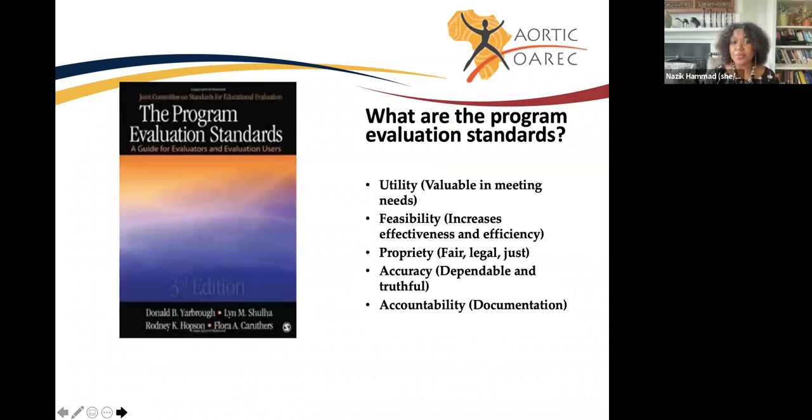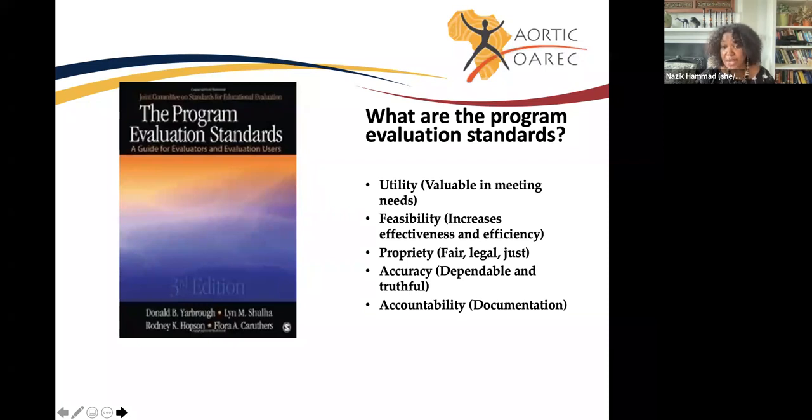And so when you are evaluating a program, you need to follow certain standards. It's not just saying, oh, this is good, this is bad. Any program evaluation has to have utility, so it's valuable in meeting the needs of improving that program. It has to be feasible, so that it's not a lot of work that ends up in the waste basket. It has to increase effectiveness and efficiency.